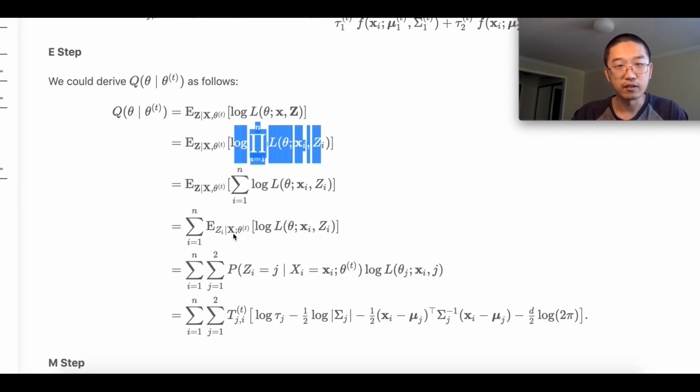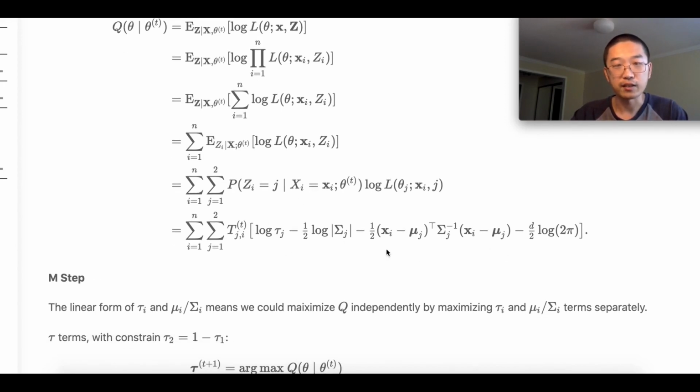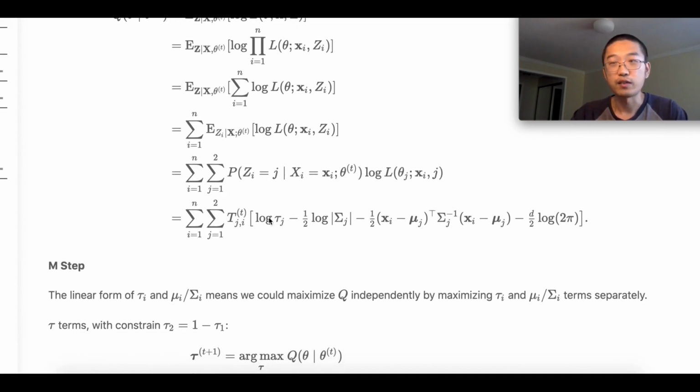So this one, the probability of Z equal to j is just the K function times the expectation term, which is the log of L. And then we will get a term like this. So this is the function Q, and we need to maximize that.